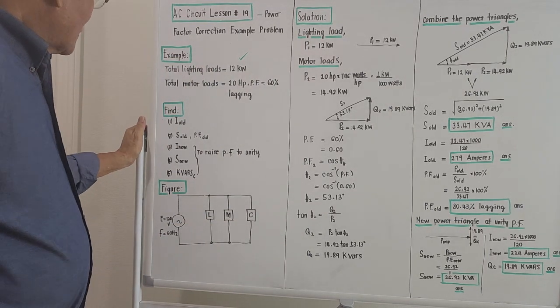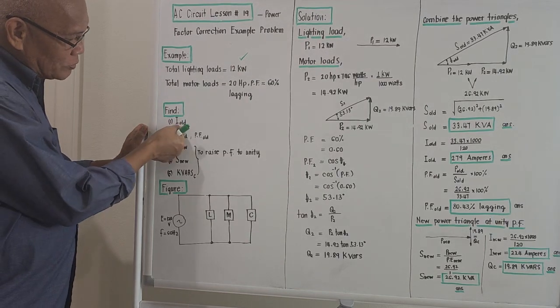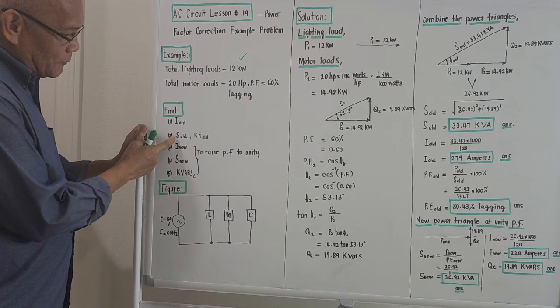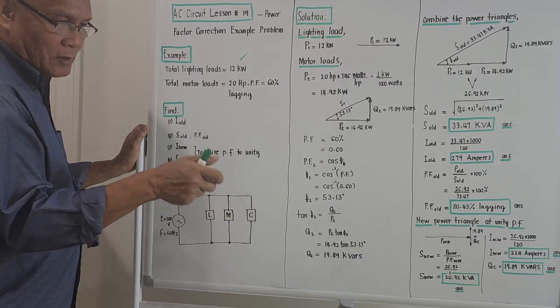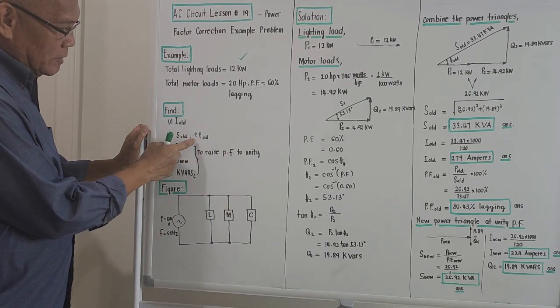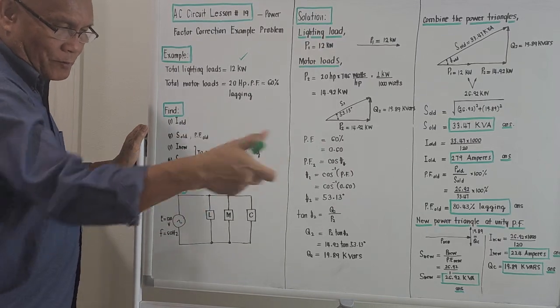The problem is asking what will be capital letter I with the subscript old, meaning the old total current. Capital letter S with the subscript old, meaning the total old apparent power. PF with the subscript old, meaning the old power factor.